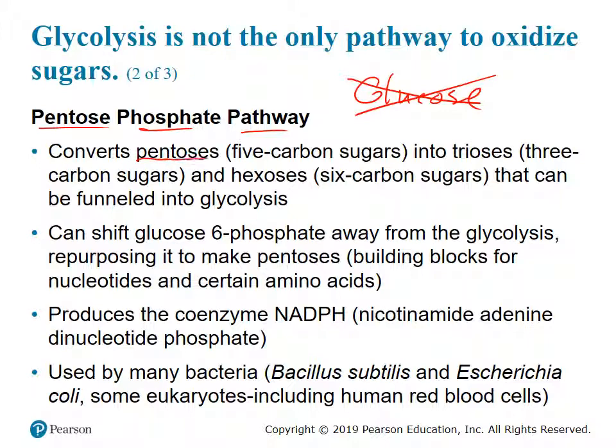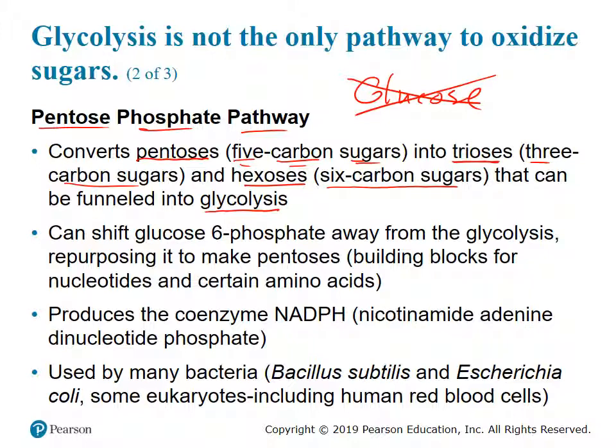We can use pentose, which are 5 carbon sugars, and we can break those into 3 triose, which are 3 carbon sugars. And then we can use those to build 6 carbon sugars that can be used in glycolysis. So this is telling you that glycolysis can still exist in an organism.